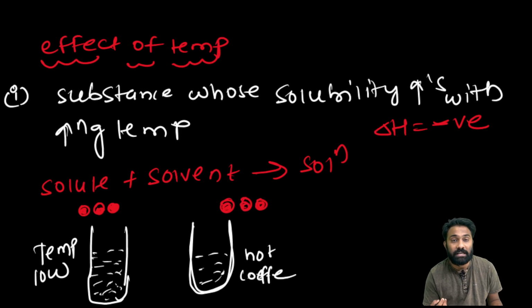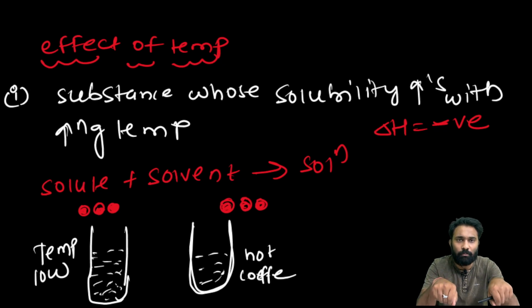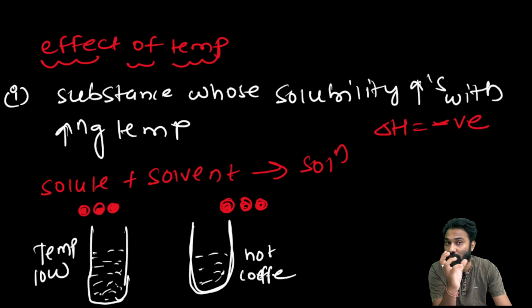Or else, in the generalized example also, you can do it at your home. You take normal, very cold or less heated tea and very high heated tea, and take the same amount of sugar, one tablespoon and one tablespoon, and add it to both. After 5 minutes or 10 minutes, you can see in which case the sugar has been dissolved.